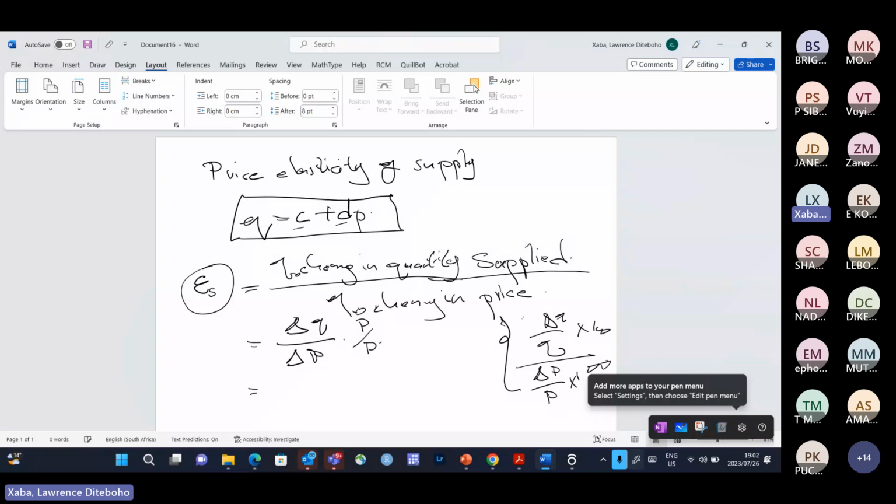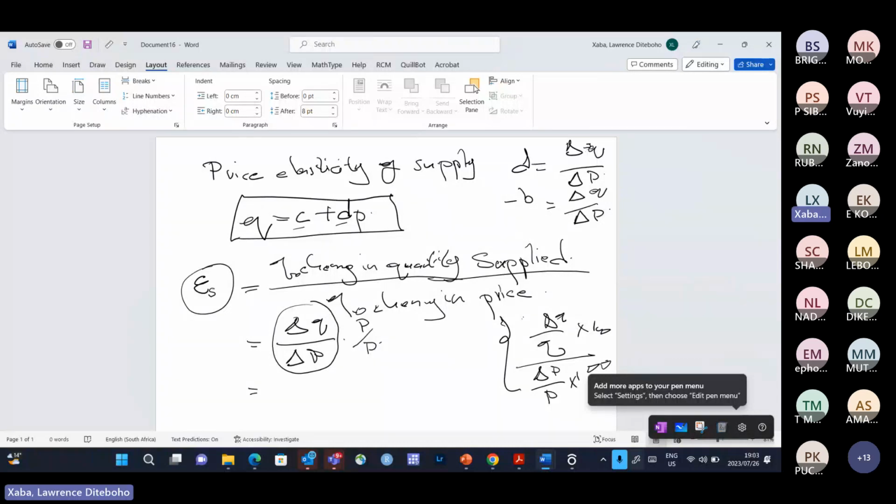This is still going to change because, if you remember, this is the slope of supply. And just to remind you, the slope of demand is somehow similar; the other one has a negative slope, the other has a positive slope.